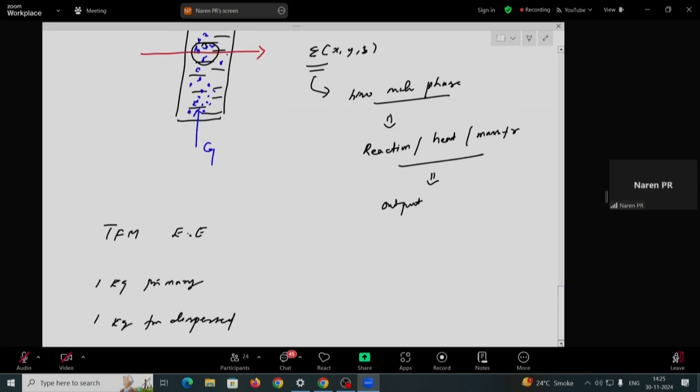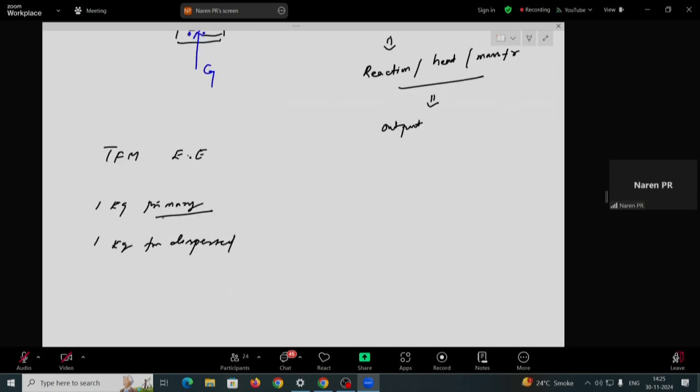Here you don't have 10 equations, you have only one equation for the primary phase and one equation for the dispersed phase. And these are coupled. How are these two equations connected? Because if you don't connect these equations, then they don't talk to one another and you cannot solve them. So they are connected by something called momentum exchange factors.